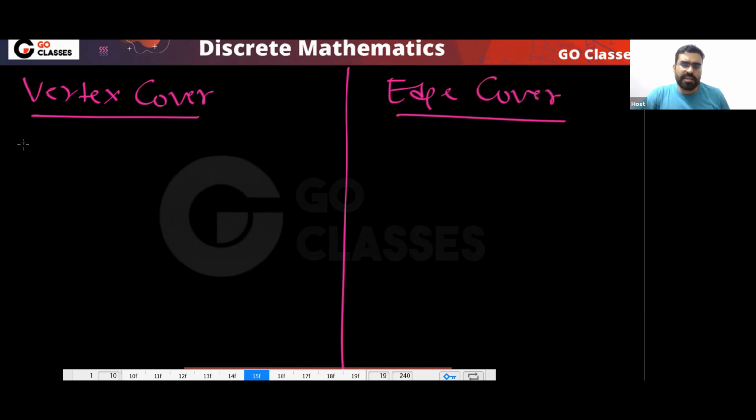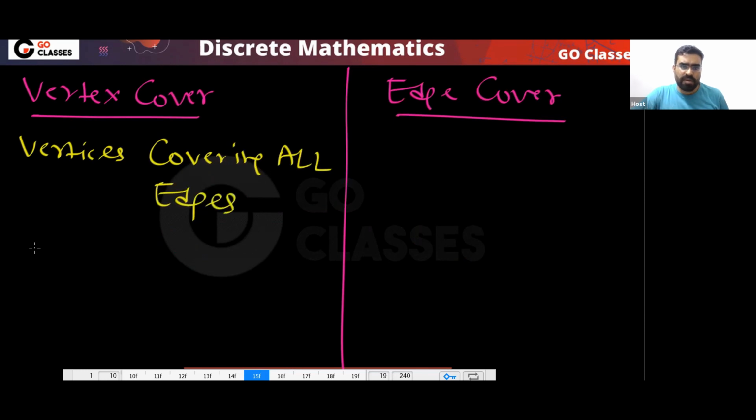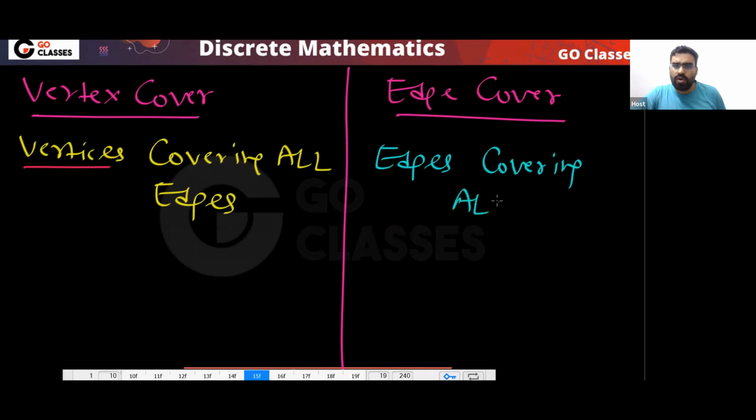So vertices covering all edges. This is important: all edges must be covered. And what is edge cover? This is edges covering all vertices.